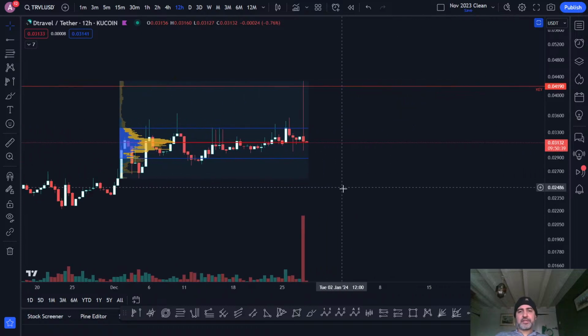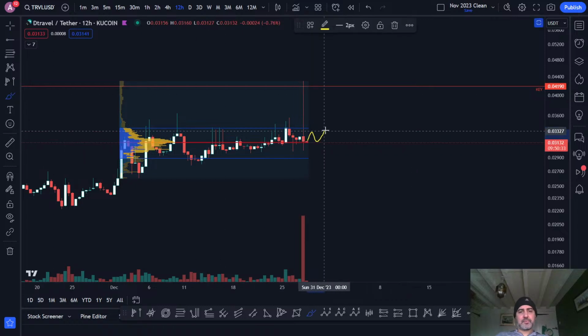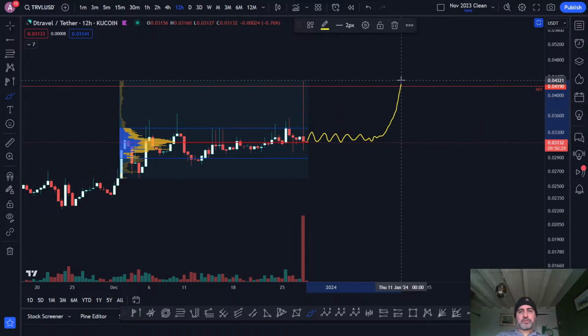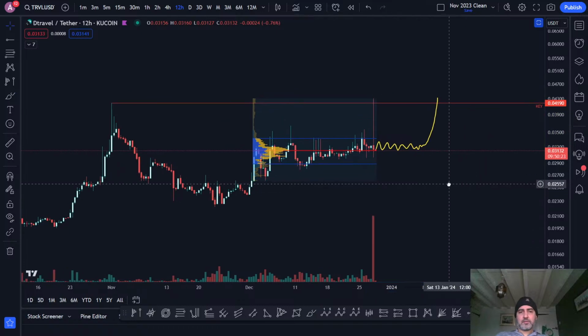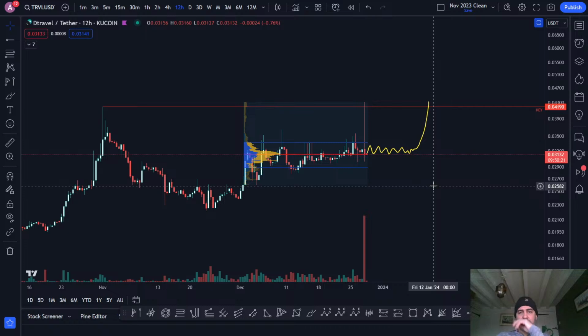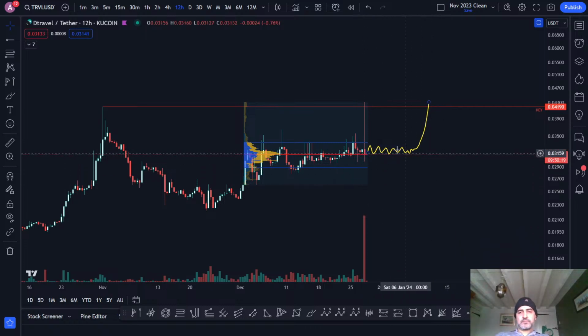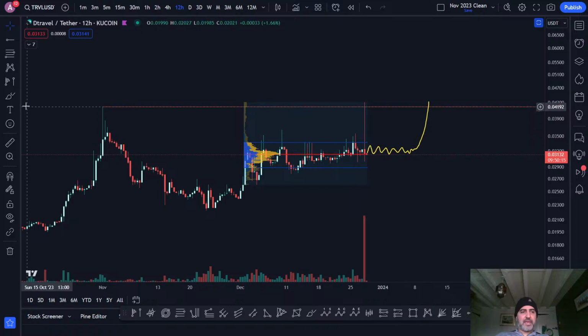I would argue that if this just continues to range like this, then it'll probably just go up. I think if the bears, that's basically saying the bears are in control.